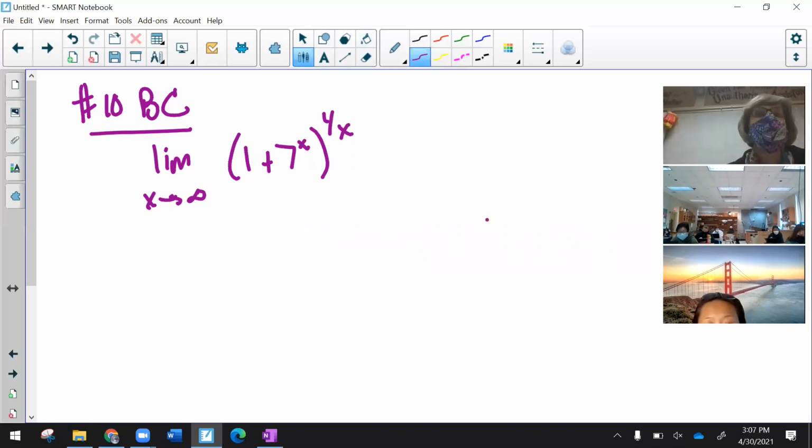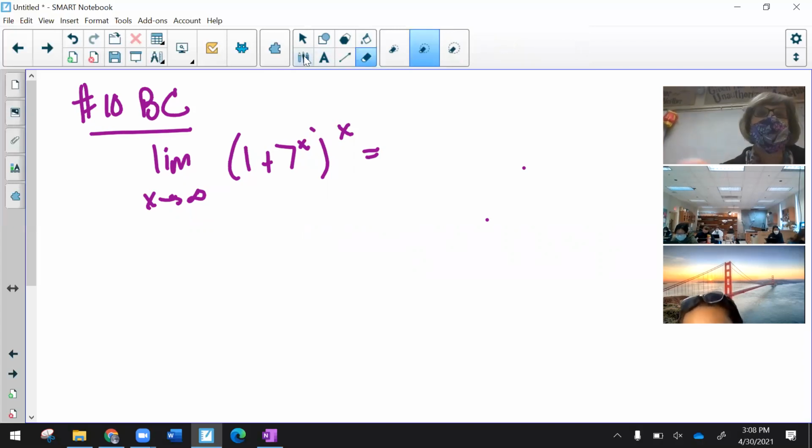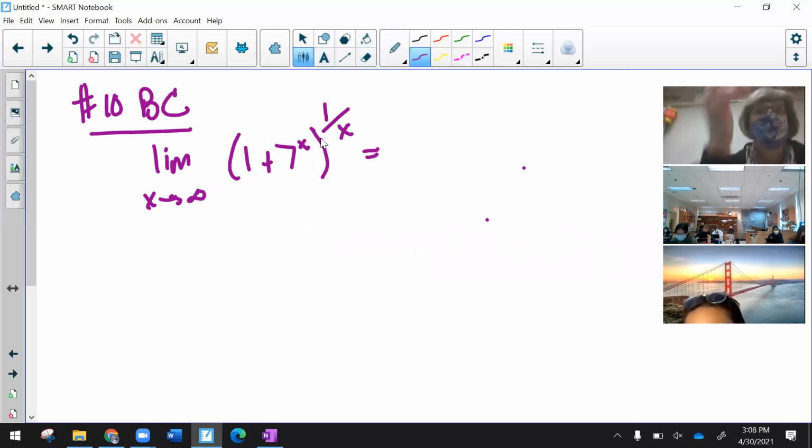You've come to a limit. What's the first thing you do? You substitute in. This is a 1/x, not a 4x. So this is basically going to give me infinity to the 0.